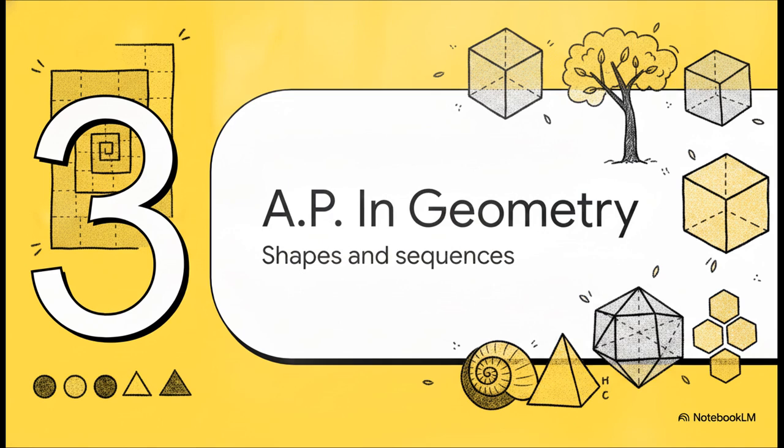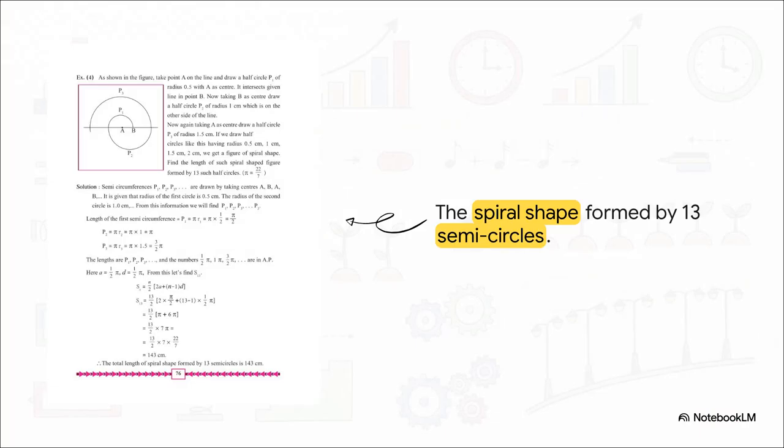Section 3, AP in Geometry, Shapes and Sequences. Moving away from financial matters to physical spaces, notice this fascinating spiral shape formed by consecutive semicircles. The radius of each circle increases by 0.5 centimeters every time. If you calculate the circumference of each semicircle, you'll see they form a perfect arithmetic progression with a starting term of half pi and a common difference of half pi.